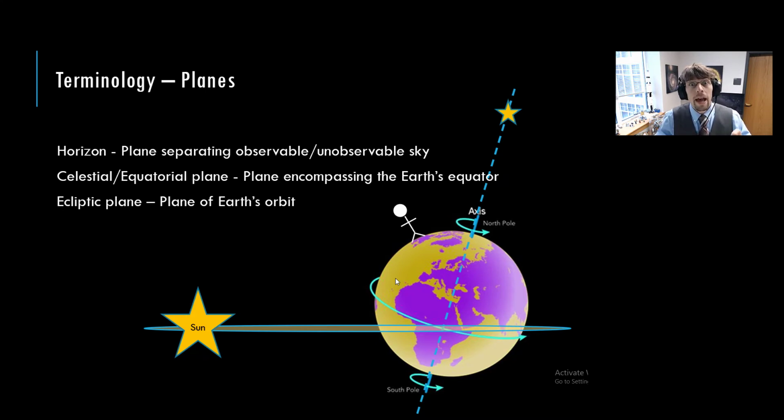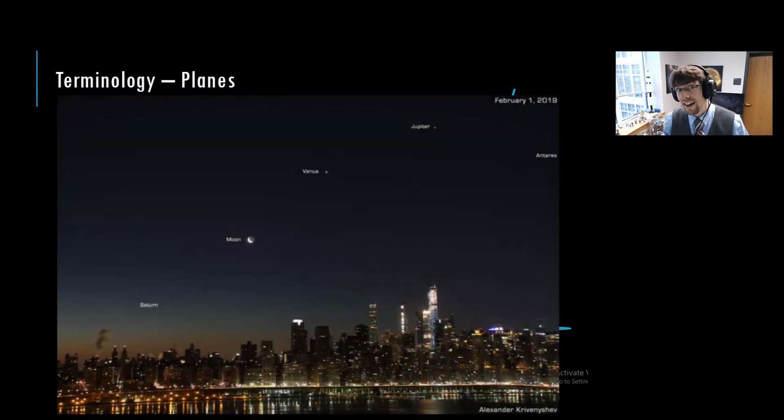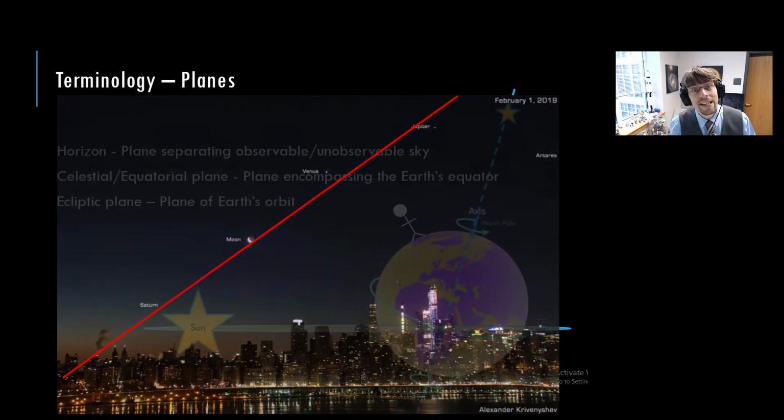As it turns out, the Earth and most of the planets orbit in the ecliptic plane. So, if you're able to identify planets in the night sky, you can kind of draw a line through them and get an idea about where the ecliptic plane is. It's not by accident that I started off this lecture with a figure of several planets in the night sky.